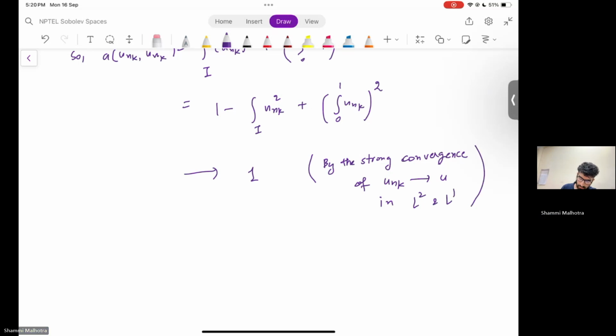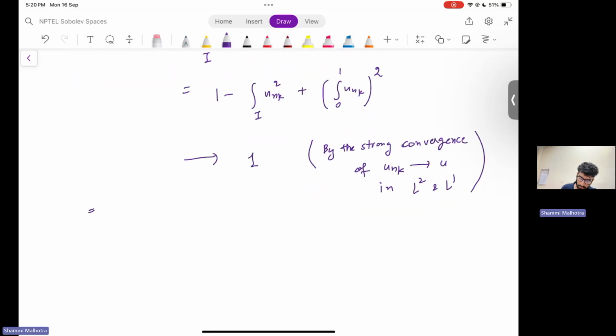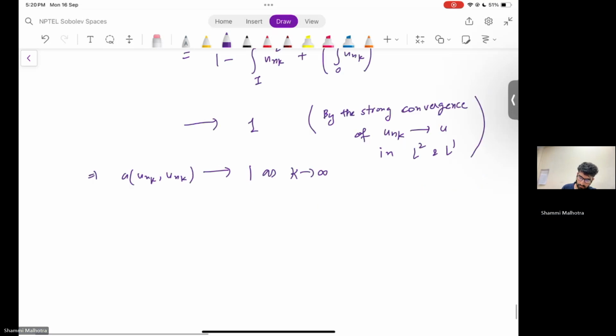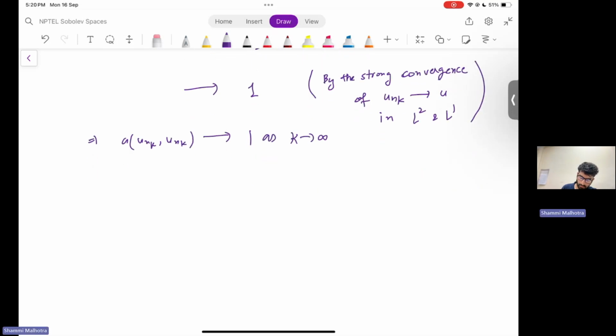So this implies A of u_nk goes to 1 as k tends to infinity. But we assumed that A of u_n goes to 0.